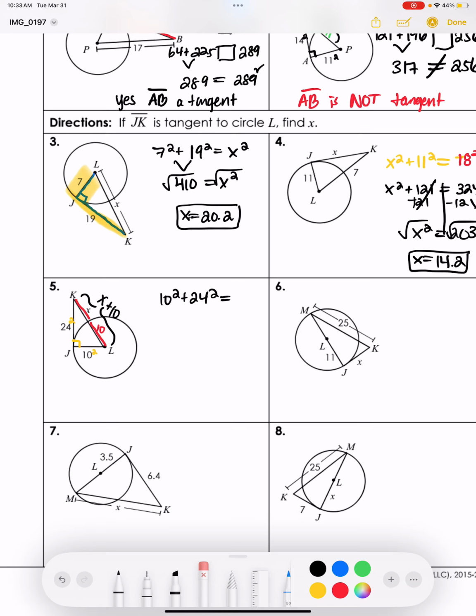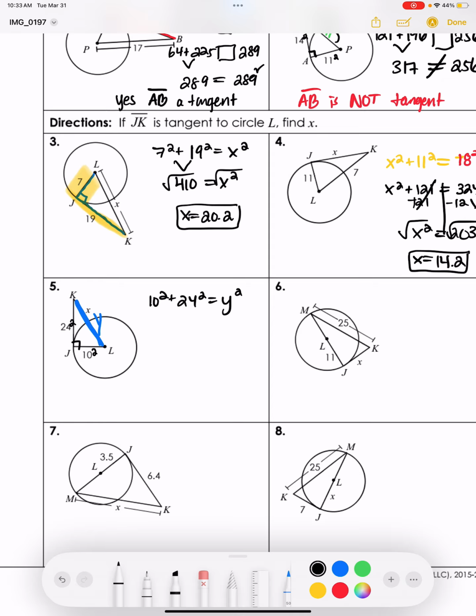So to be honest, I'm going to restart this problem because then you guys would have to FOIL. So instead, we're going to call this side, the whole thing KL, we're just going to call it Y. So then we're still doing 10 squared plus 24 squared equals Y squared.